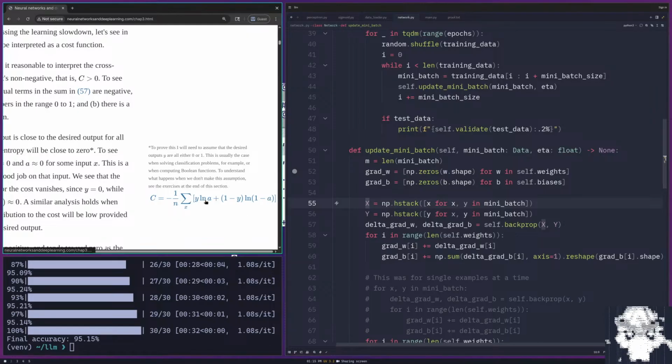So if y is 0, then you get negative infinity here, basically. Plus 1 times log of 1 is just 1. So you get like negative infinity, and then you negate it, so you get like infinity.